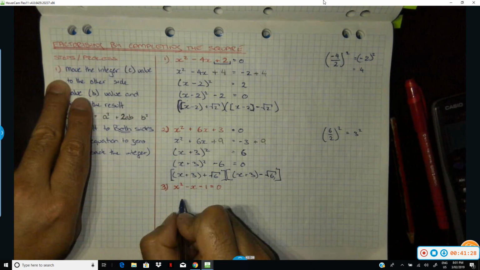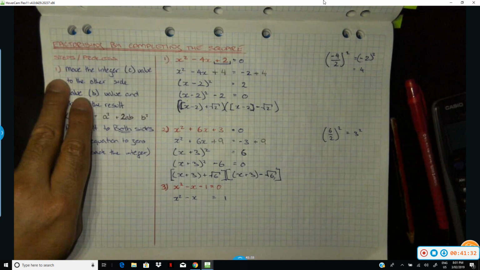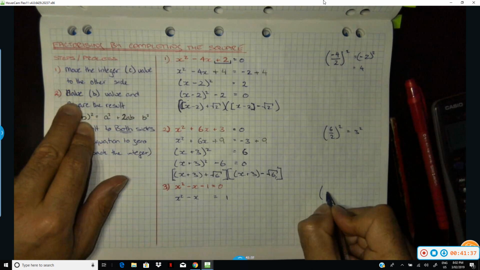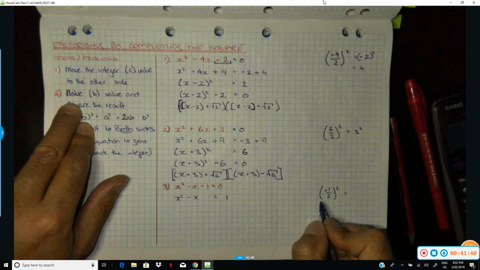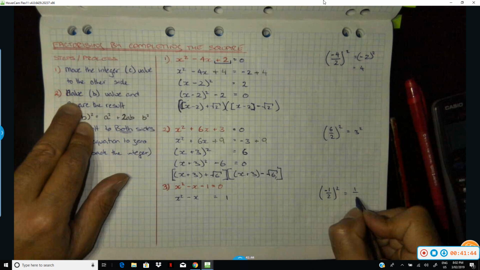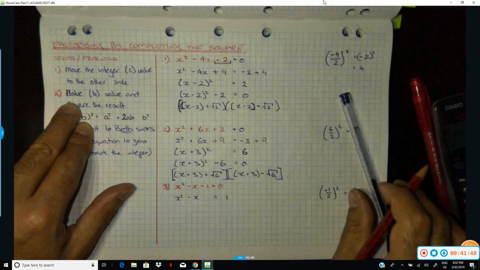Step 1, let's move it to the other side. Let's halve that first, the b value, so it's negative 1 over 2. I'm going to square it. That's going to give me, it's half, so it's going to be a quarter. So let's add that to both sides.